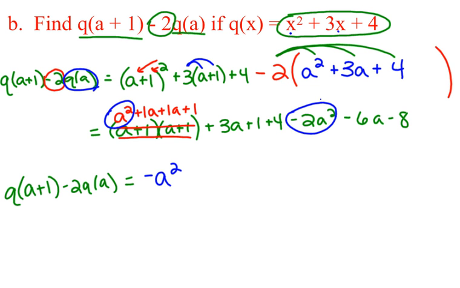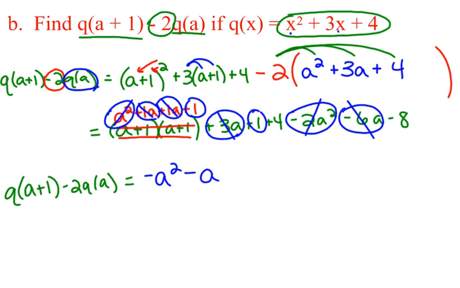Then those are done, so I go to my a's. I have 1a plus 1a, that's 2a, plus 3a, so 5a, minus 6a. 5a minus 6a would be negative a. So I took care of all my a's. Last, I'd look at my constants. 1 plus 1 is 2, plus 4 is 6, 6 minus 8.